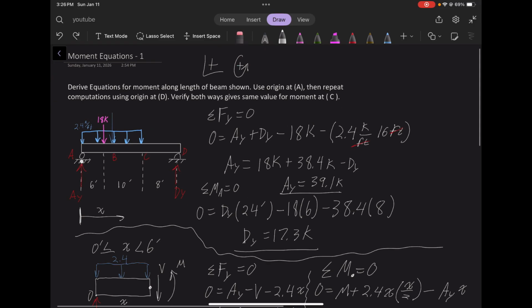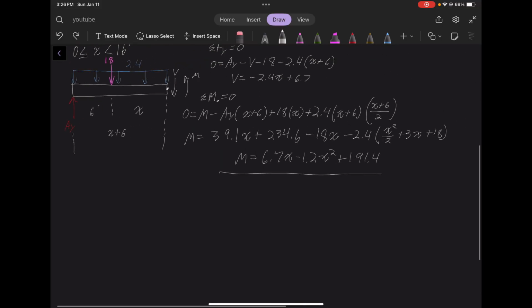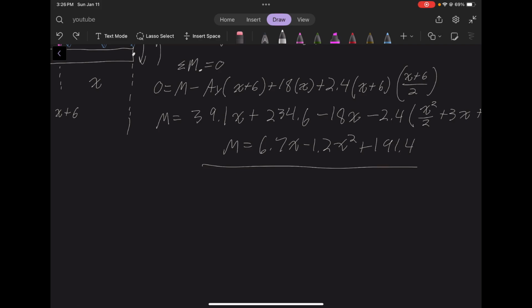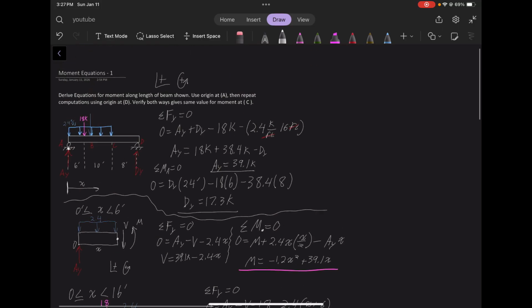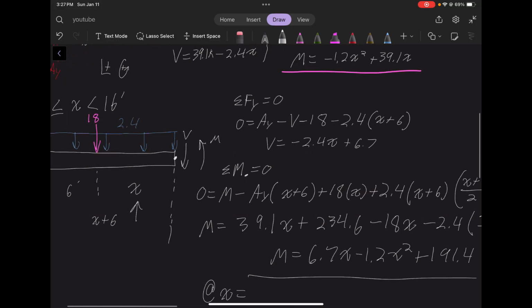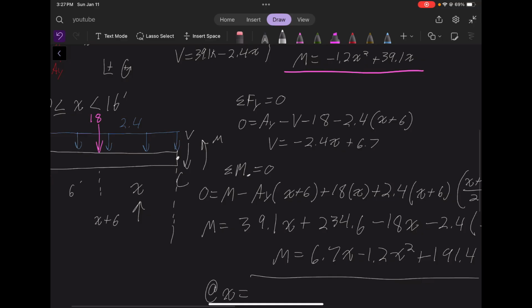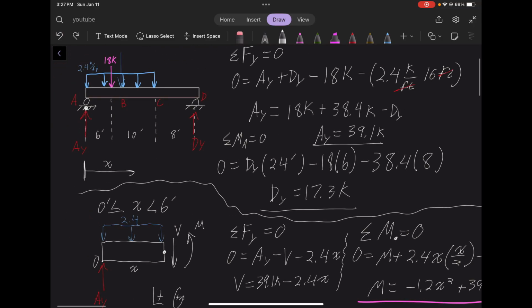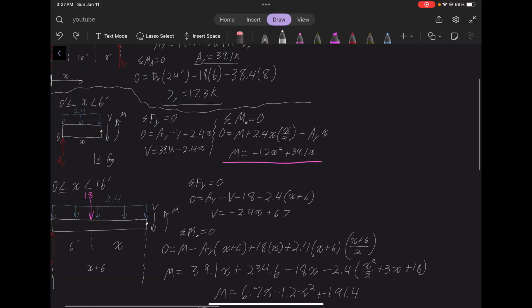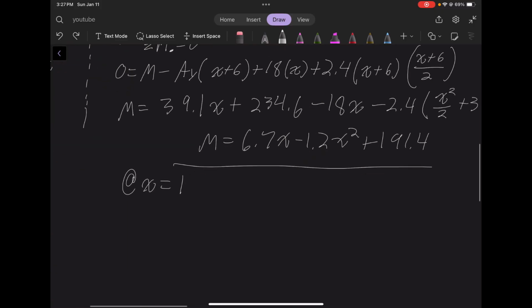And the whole point of the problem is to verify both ways give the same value for the moment at C. So we can use this equation to solve for the moment at C. So at x equals, where does this x have to be so that this is point C? Let's go ahead and scroll up here. It has to equal 10. So at x equals 10, the moment equals 138.4 kips feet.